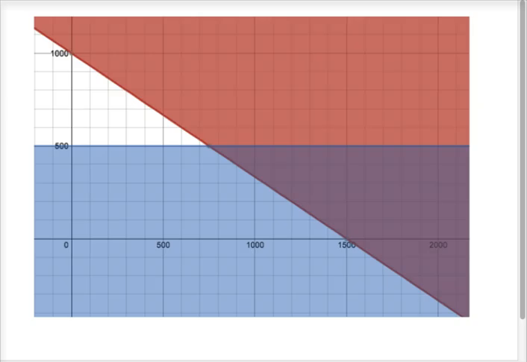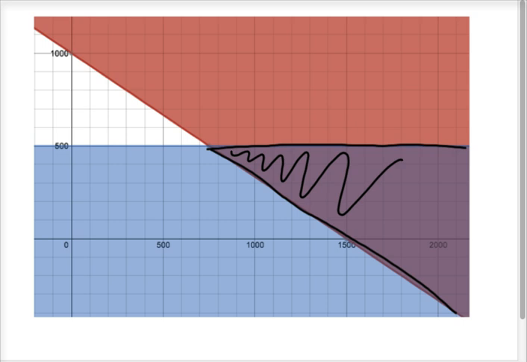And now just to show you what that looks like, here I used an online calculator to end up graphing this for me. And again, the solution region that you're looking for is everywhere purple in here, okay? So this region right here would be your solution region.